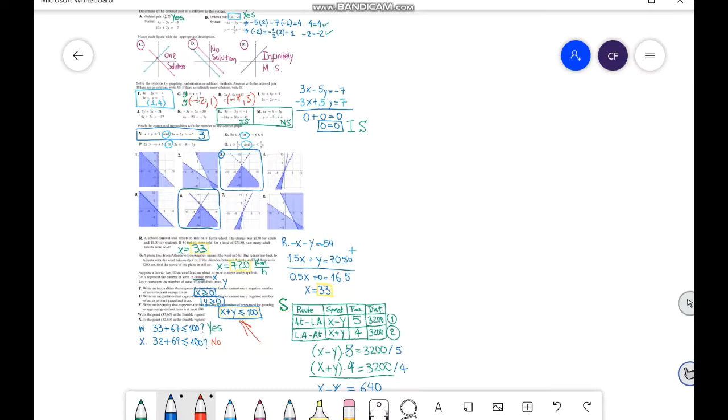I is going to be 1 over 2 and 1 over 4. J, 0 and negative 3. And K is 5 and 0. Just to make sure that you have the right answers.